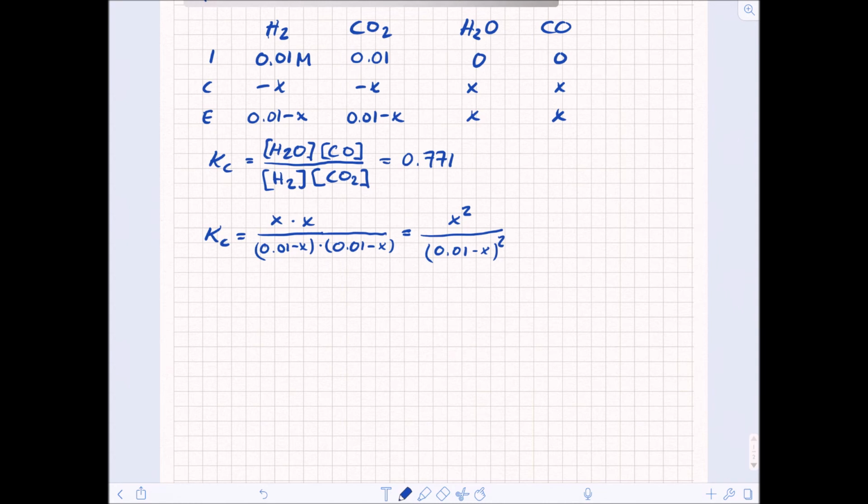But by taking the square root on both sides, of 0.771, we'll get an expression looking like this.